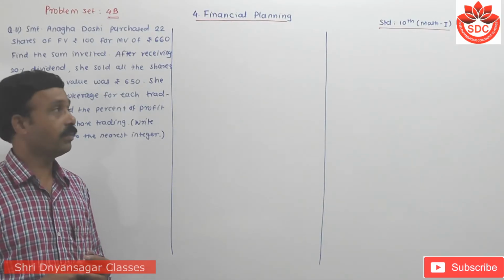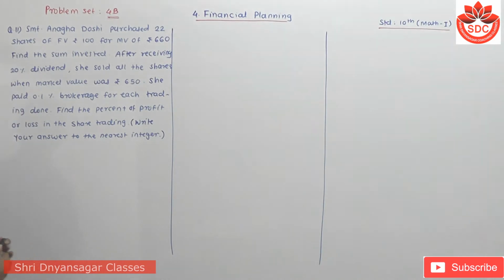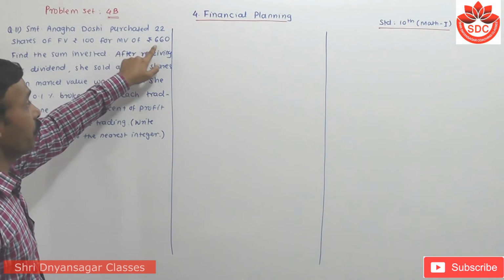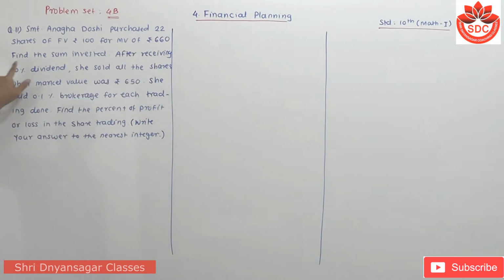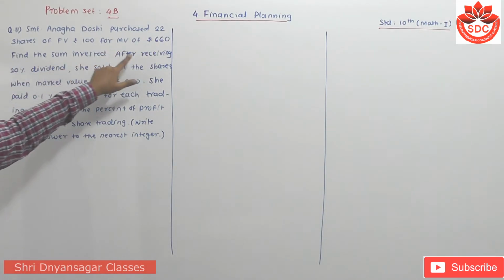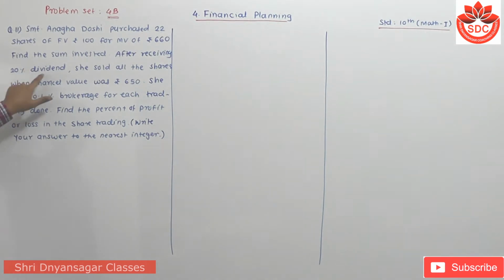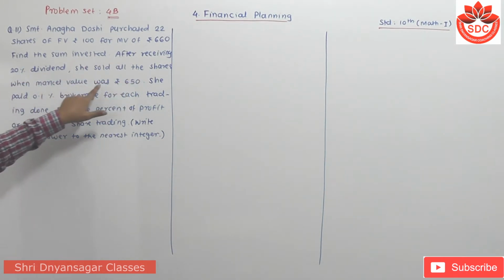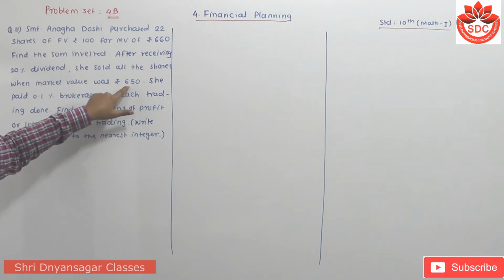Okay, we take the next question. Take the last example of this problem set 4b. Question number 11. Srimati Anuradha Doshi purchased 22 shares of FV 100 for the market value of rupees 660. Find the sum invested. After receiving 20% dividend, she sold all the shares when market value was 650.